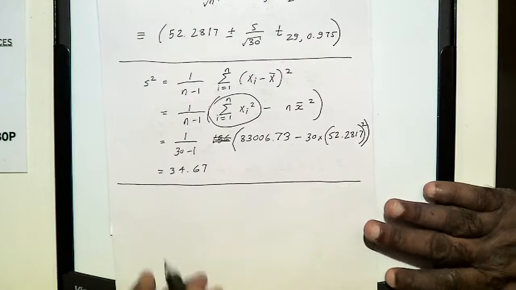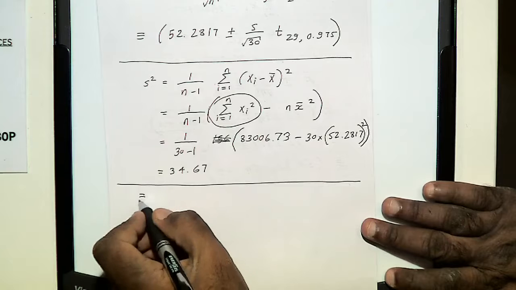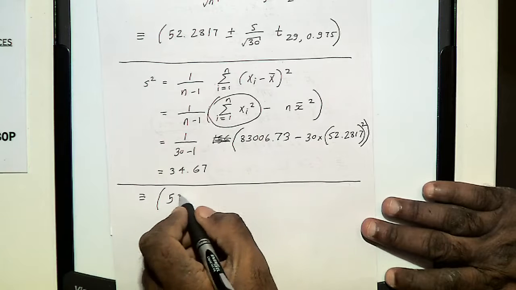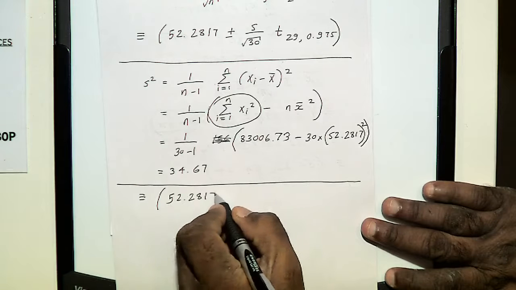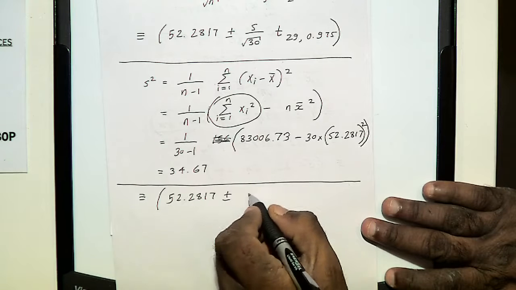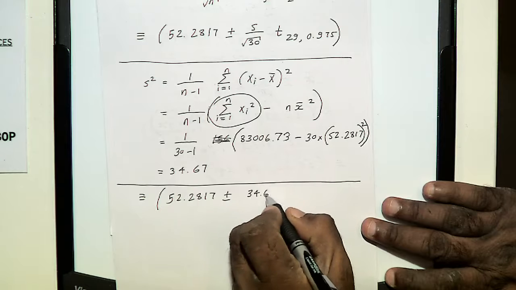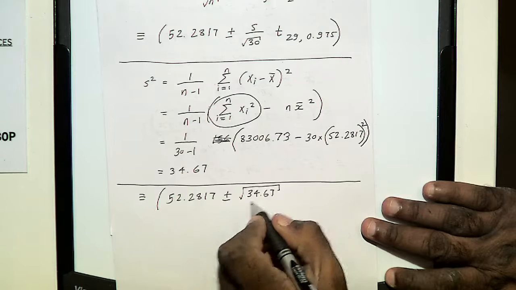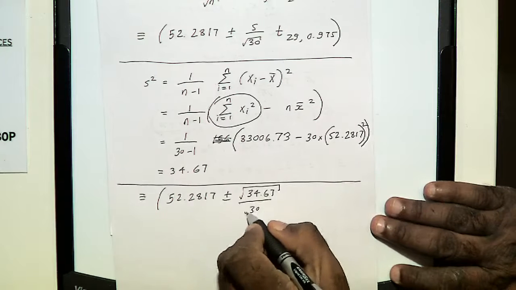Now, getting back to the confidence interval, this will be 52.2817 plus or minus S, which is going to be the square root of this guy here, divided by the square root of 30.